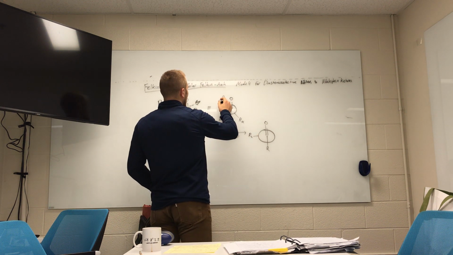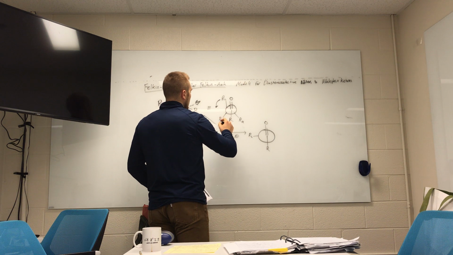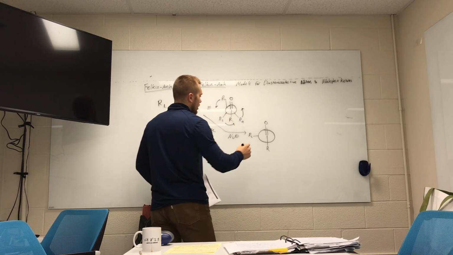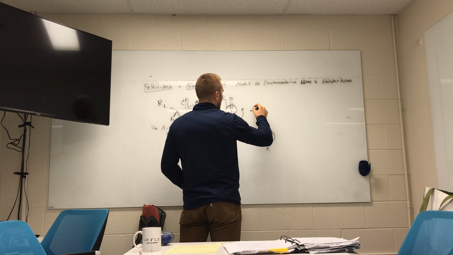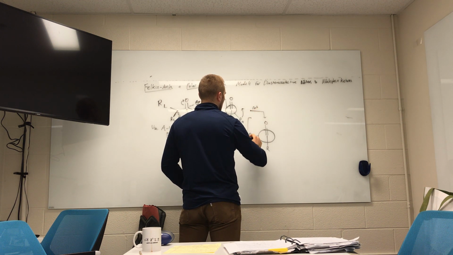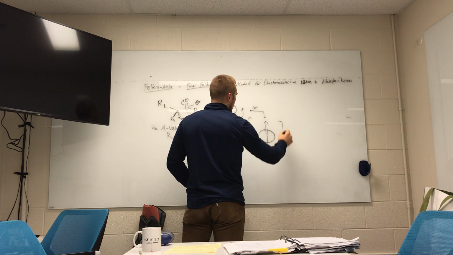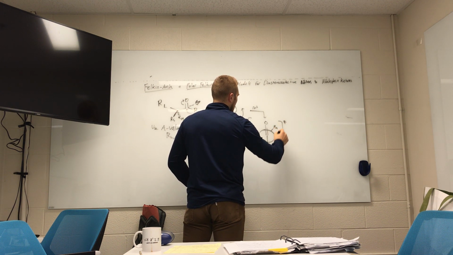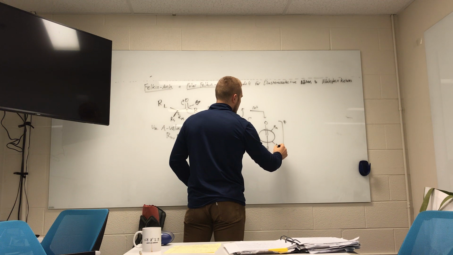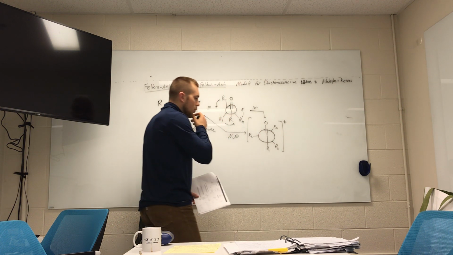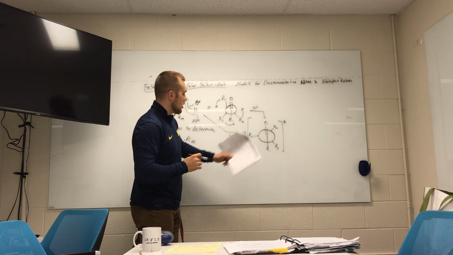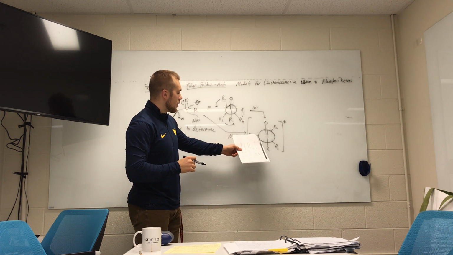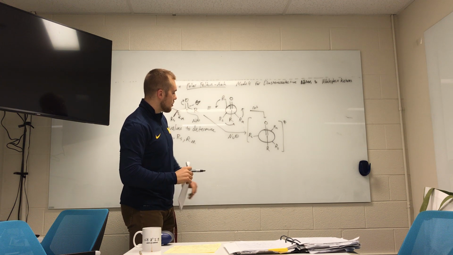So we're going to rotate RL perpendicular, then RS and RM will rotate likewise. This will be our transition state, with our RM and our RS.